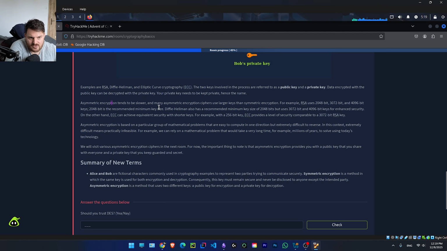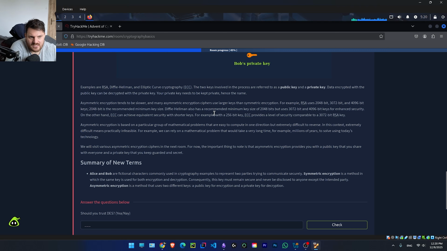Asymmetric encryption tends to be slower, and many asymmetric encryption ciphers use larger keys than symmetric encryption. For example, RSA uses 2048 bits, 3072 bits, and even 4096 bits. Much bigger than the symmetric ones, right? 2048 bits is the recommended minimum key size.